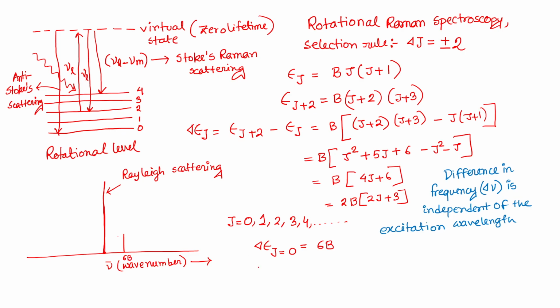And what about when J is 1, meaning 1 to 3? Those lines are going to come at 10B, and when J is 2, you are going to get 14B, and that will go on.